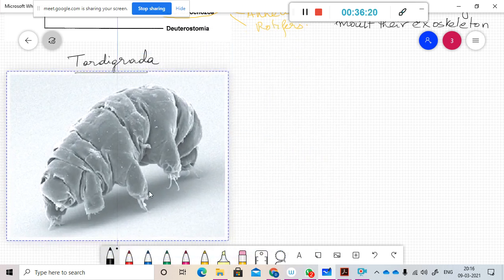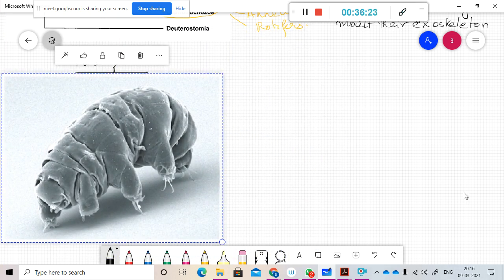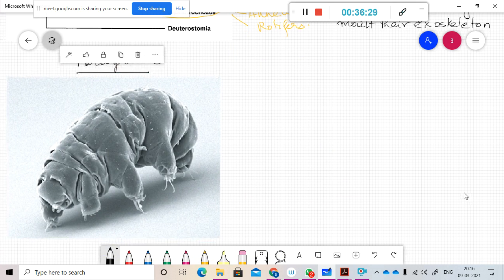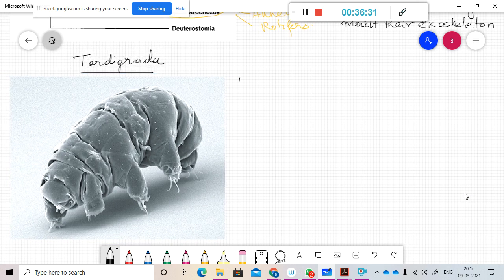This is a tardigrade, Milnesium tardigradum. An example.